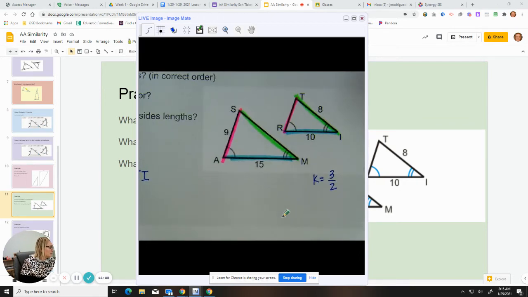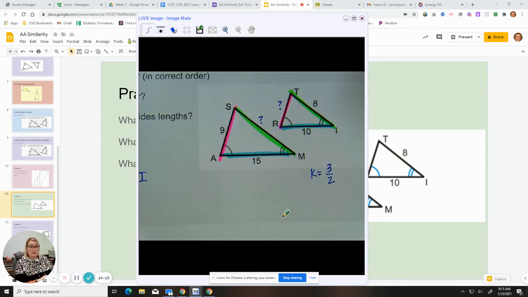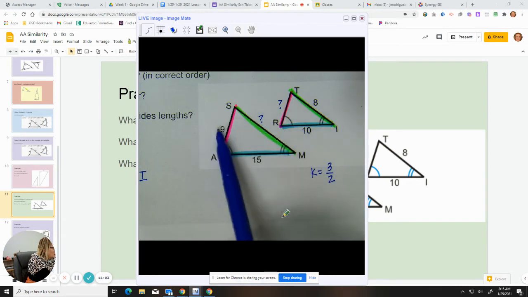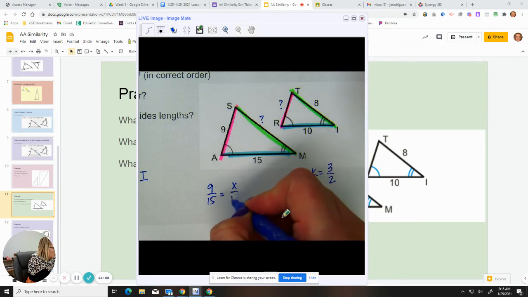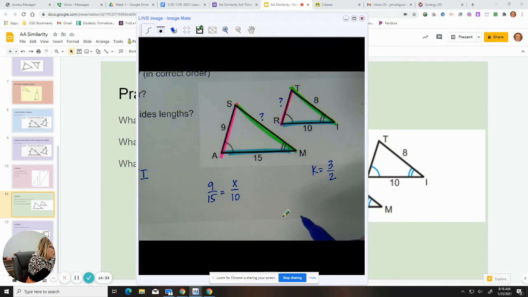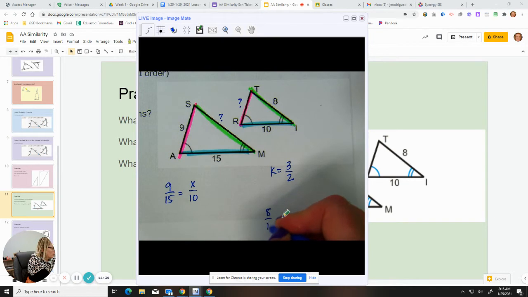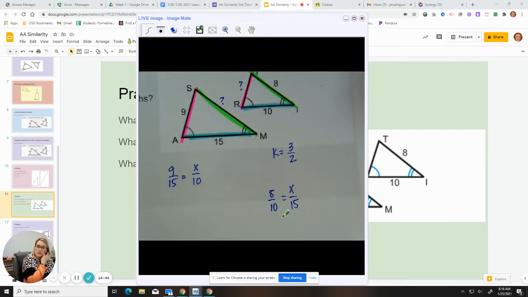Okay, so that's how we're getting to it. And then finding the missing side. So we have a missing side here and we have a missing side here. So you would set up 2 different proportions to be able to find that. Okay, so we could take pink over blue is equal to pink over blue, and that would solve for this side. On this side, we could take green over blue, and it would give us green over blue on this side, and it would get us a proportion.